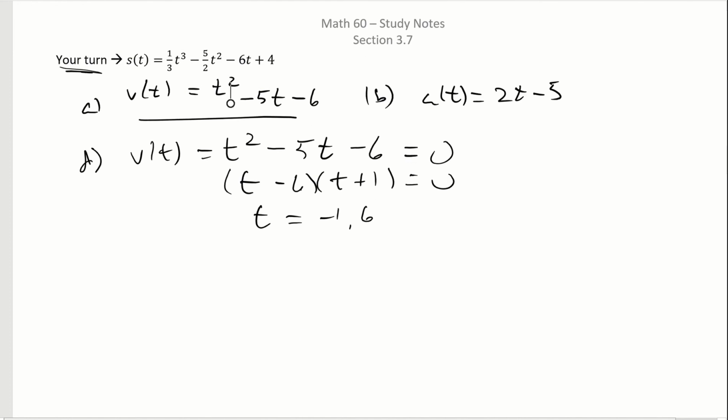So I don't care about the -1, but on a number line, let's say we started at 0 and then we go to 6 seconds, right? This is the t-axis. I'm looking at the sign of the velocity. So for instance, if we plug in something less than 6, like say 5, then 5 minus 6 is negative. So this once again is a negative velocity.